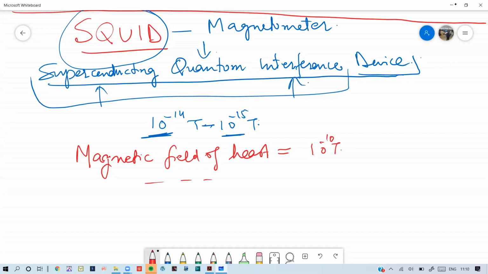And the magnetic field of the human brain is 10 to the power minus 13 Tesla. That means the SQUID can be used for measuring magnetism in living organisms as well. That is called biomagnetism.